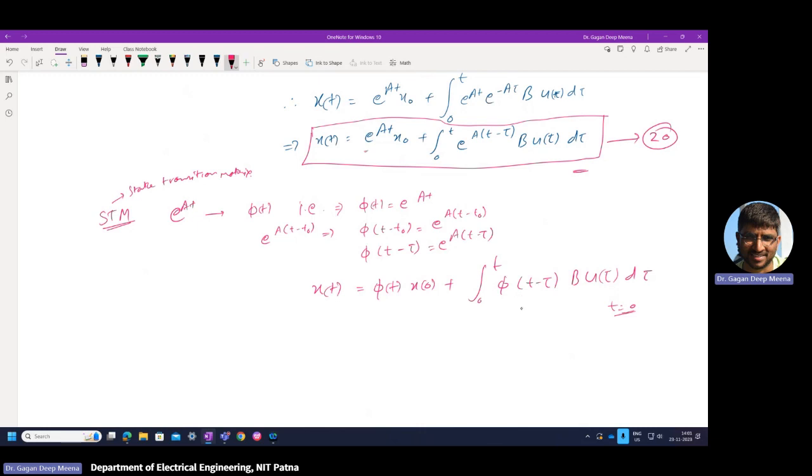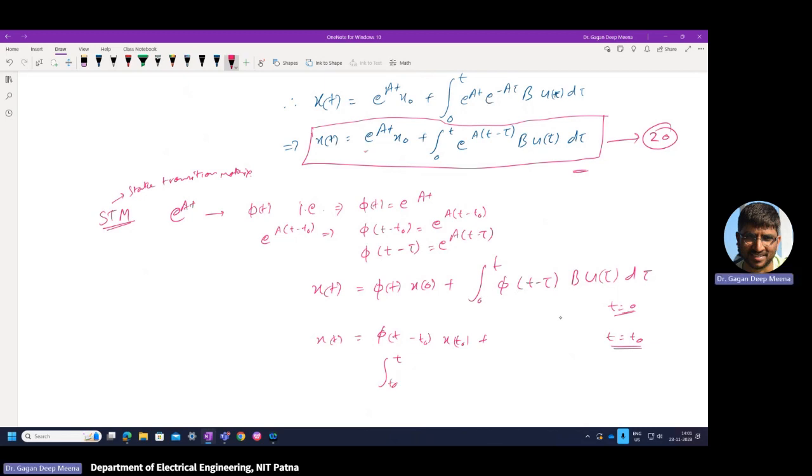If the initial conditions are known at t equals t0, then you will have a different version of it. So it would say x of t is equal to phi of (t minus t0) x of t0 plus integral over t0 to t phi of (t minus tau) B u of tau d tau.